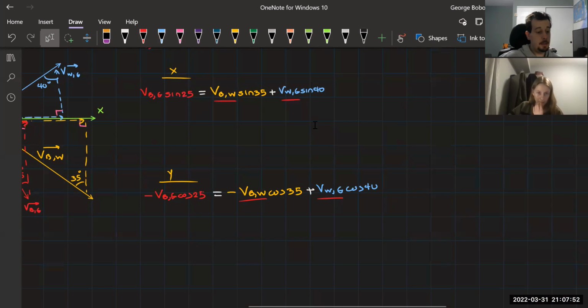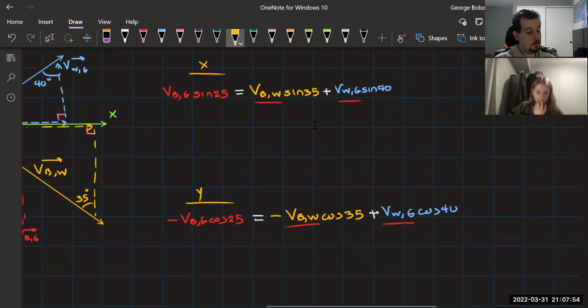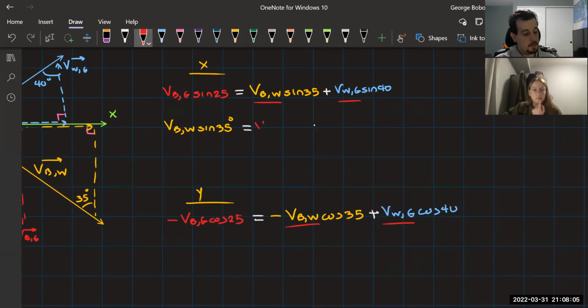How am I going to do it? By isolating for VBW right now. So VBW sine 35 is going to be equal to, just take everybody on the other side, VBG sine 25 minus VWG sine 40.